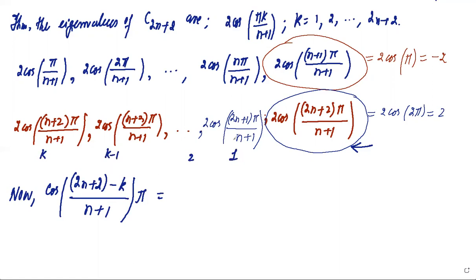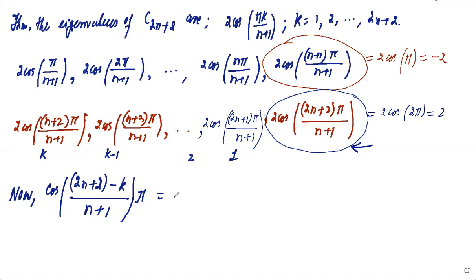So this is what we obtained for k equal to 1, and the eigenvalue before this one will be obtained for k equal to 2, and this will be the kth eigenvalue from the reverse. So now let's see what this is equal to, the kth eigenvalue in the reverse order.